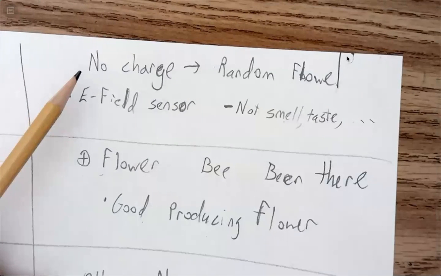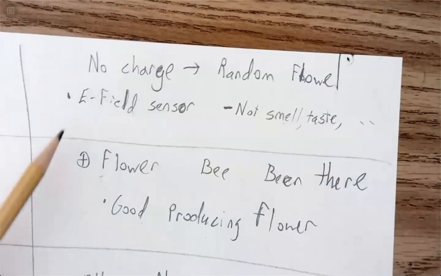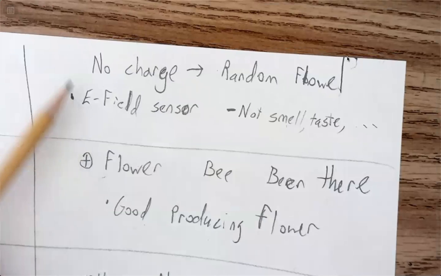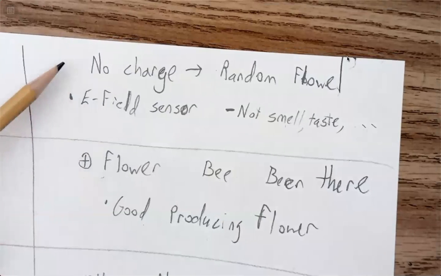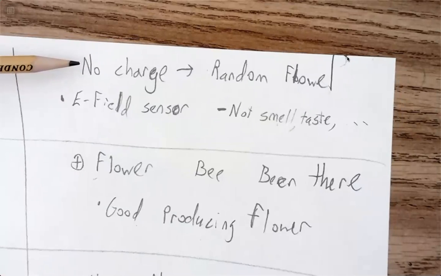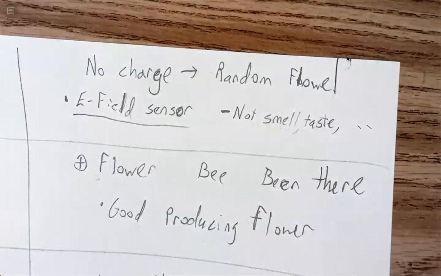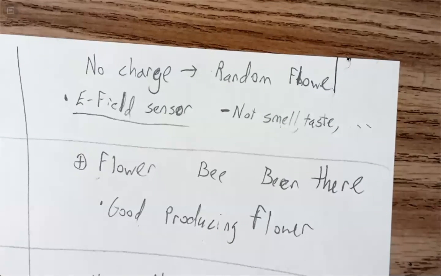And then the bees went to the flowers with the bad taste and the good taste half the time. So that tells us when there was a charge, they went to a specific flower. When there's no charge, they went random. So that tells us that they are using electrical fields, not smell, not taste, not color, not anything else.